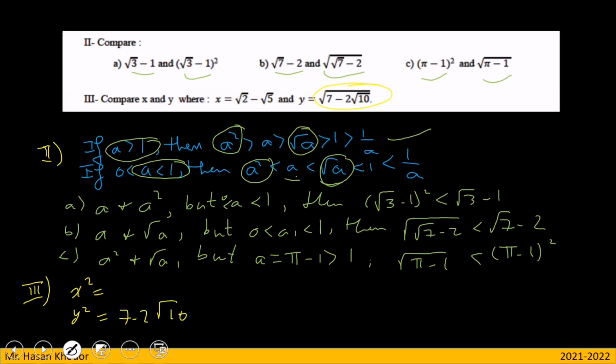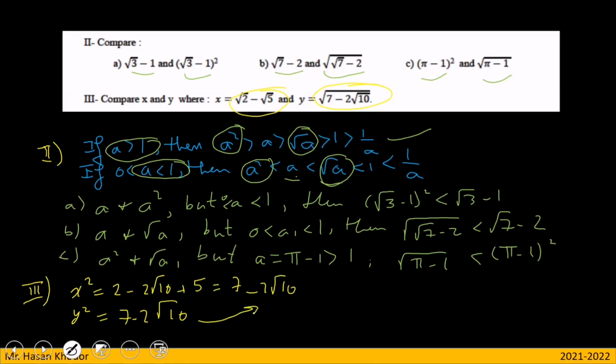If we square x, we have to square it according to the remarkable identity a minus b squared, which gives a squared minus 2ab plus b squared, which yields 7 minus 2 radical 10.